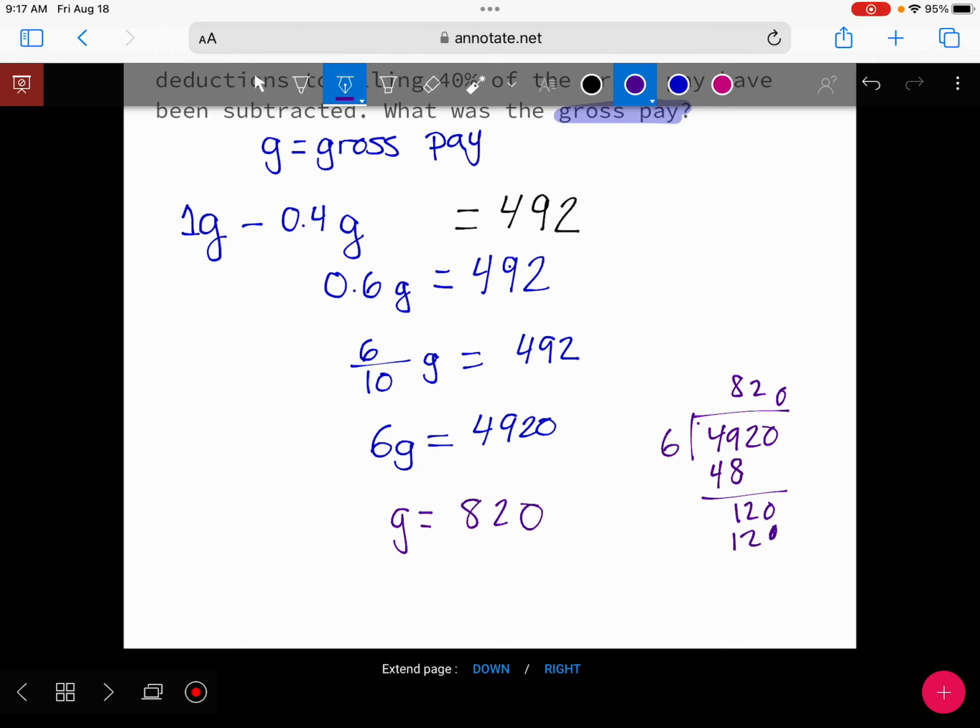However you need to do it, because IU likes to make choices and we don't get to use a calculator, so we got to be able to do it by hand. Either in your head or long division it out yourself, or however shortcut you can do it. If you want to do it in a box, you can do that. 4,920. However you like to divide.